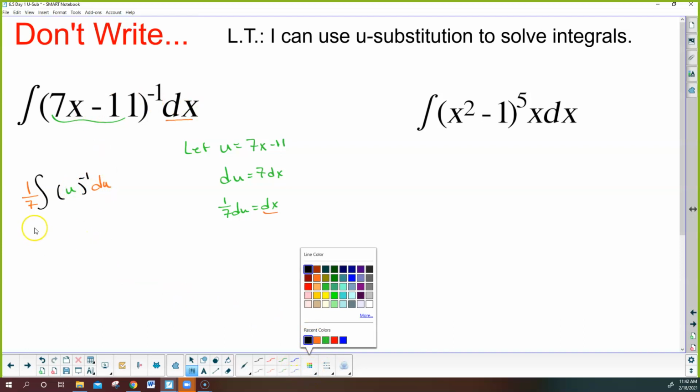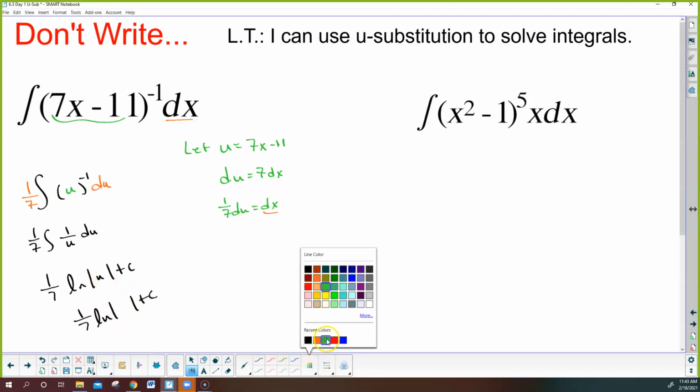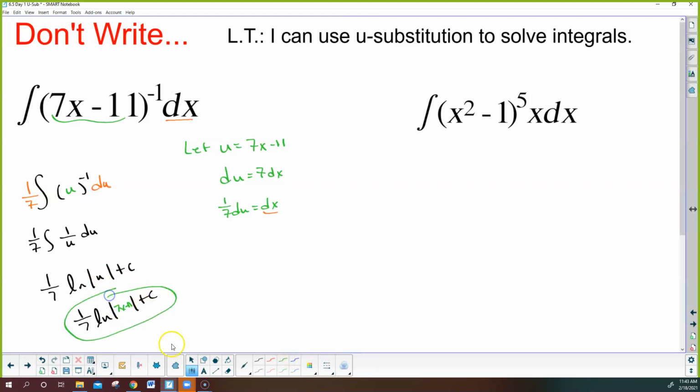Well, now notice this integral is the same thing as 1 over u du, right? U to the negative 1 is really 1 over u, and we know that that antiderivative is the natural log of the absolute value of u plus c. But instead of u, we know what u is equal to. There we go.